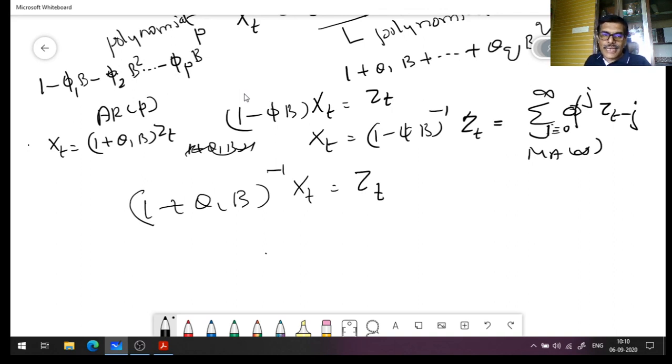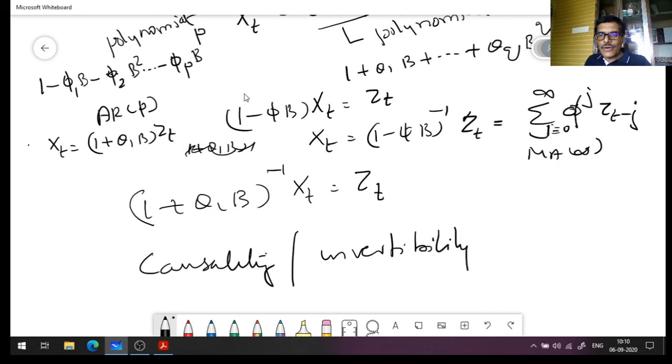So this is exactly the idea of causality and invertibility. When I say causality, I mean you will be able to write Xt in terms of the past values of Zt, and you can put a condition on this.